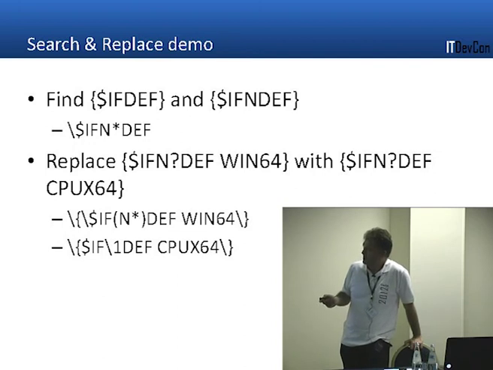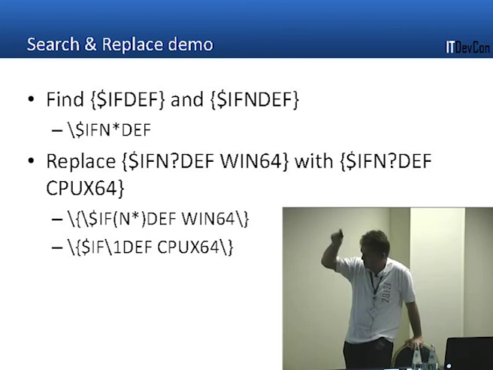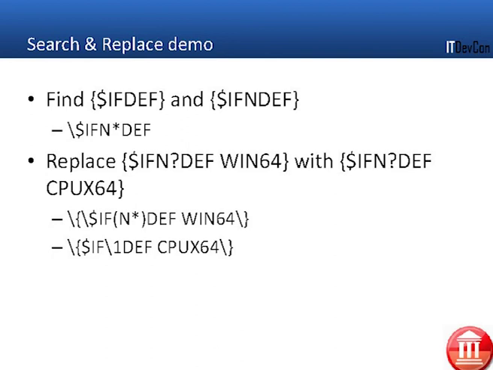Or this is an example which replaces ifdef or ifndef Win64 with ifdef or ifndef CPU x64, and says match if, any number of n's, this time grouped, def Win64, and replace it with if, the content of this group, and I used wrong brackets here. I should use the squiggly ones. So it will replace ifdef with ifdef and ifndef with ifndef. It can be quite useful. It's clumsy, but OK.